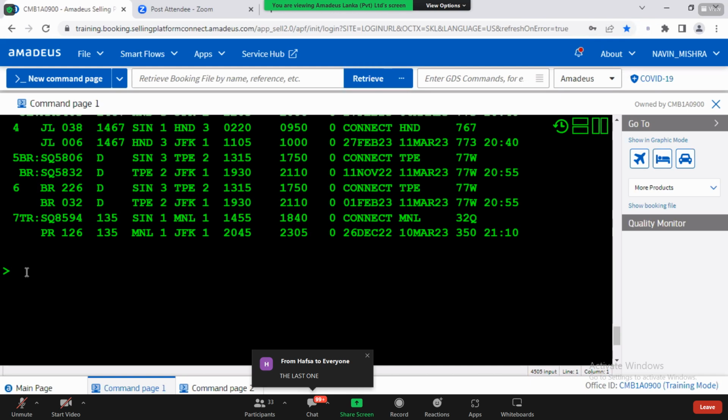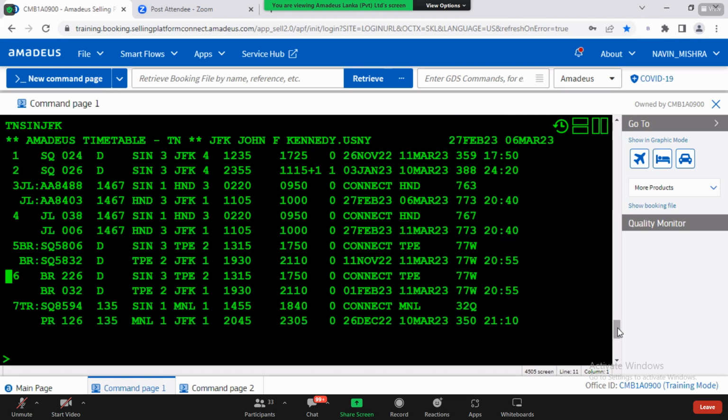Sure. If you see here at line number 6, suppose you are the passenger, and you ask for the timetable between Singapore and New York. I did the same. I found a flight at line number 6, airline BR, flight number 226, going from Singapore to Taipei, which is in Taiwan.